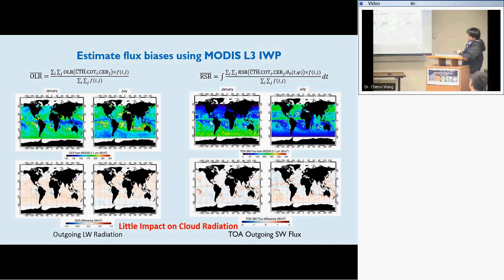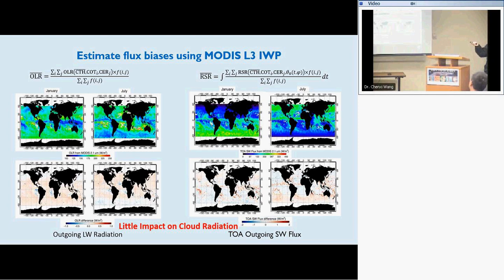So you see that the difference is quite small. So the ICVH has little impact on cloud radiation. This is quite small in comparison to other uncertainties of clouds. For example, if you simply replace the cloud particle shape from one to another, for example, you change the shape from plate to something else like column, that makes very huge differences.